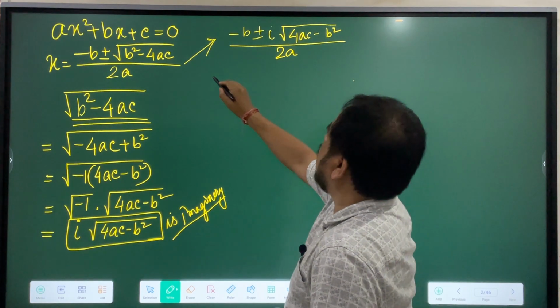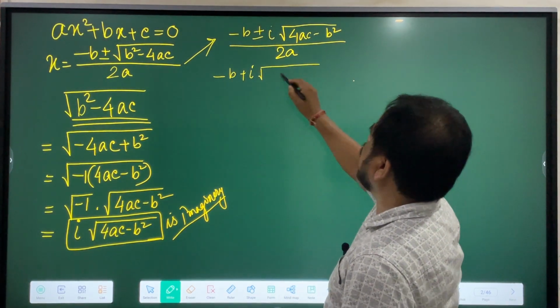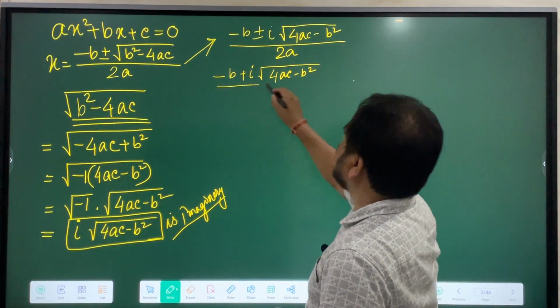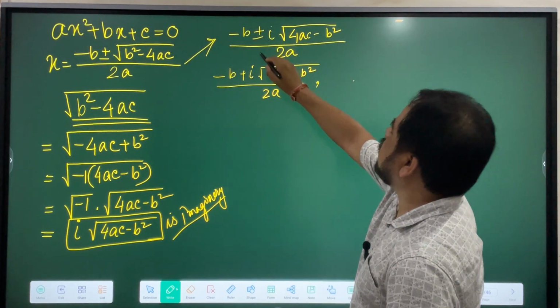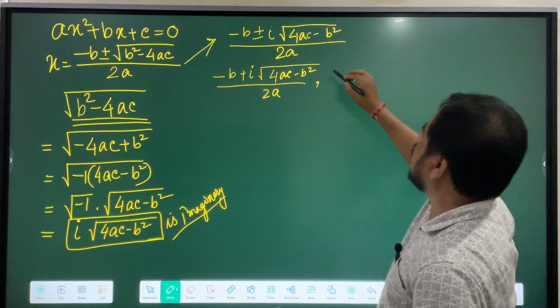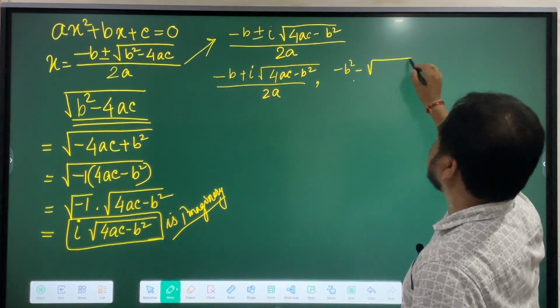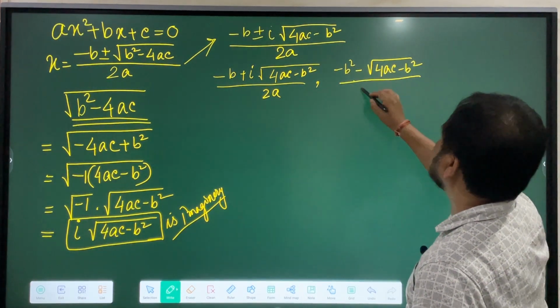Or minus b plus i square root of 4ac minus b square by 2a. Again, plus minus both are there, so this is what I have written using the plus sign. Now I am going to write using the minus sign only: 4ac minus b square by 2a.